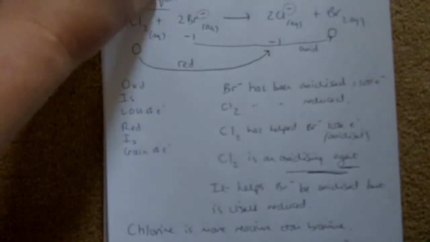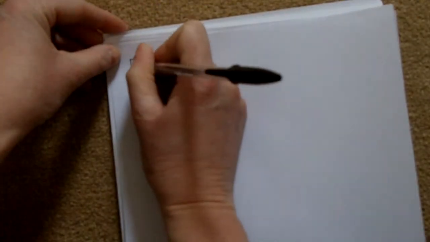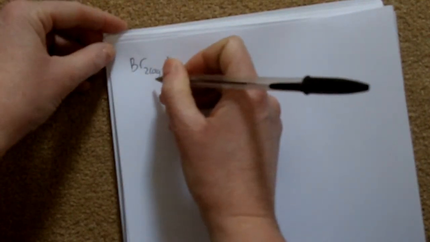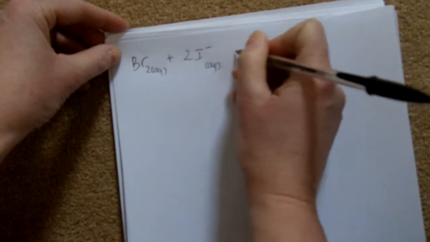I'm just going to write the ionic equation. Let's take some bromine water and add it to sodium iodide in solution.